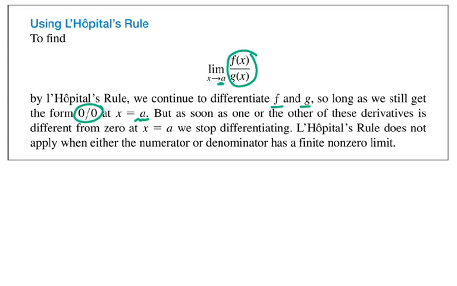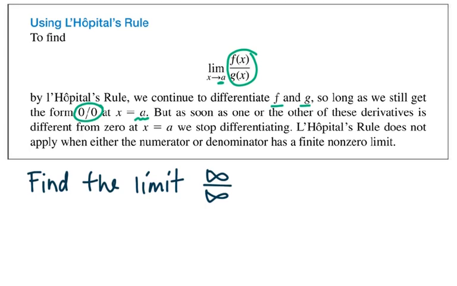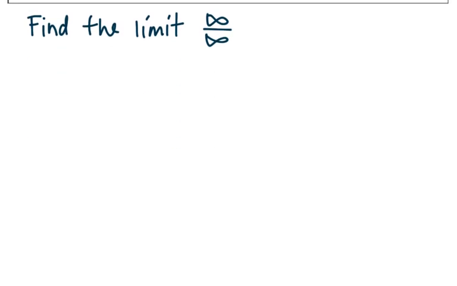So let's look at some other examples. In this case, we're going to find the limit for something in an indeterminate form of infinity over infinity, which behaves the same way as 0 over 0.